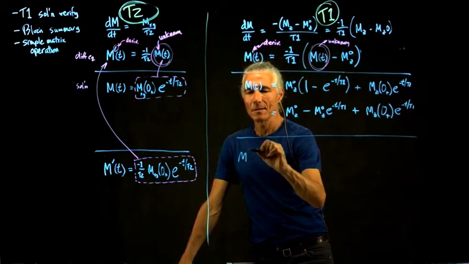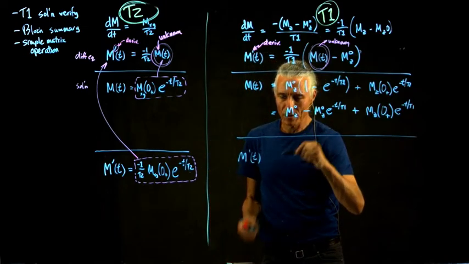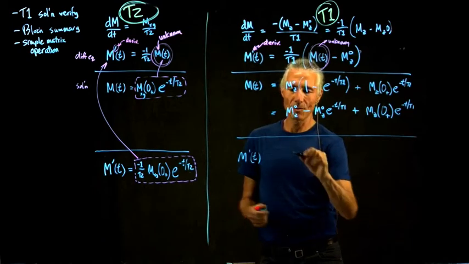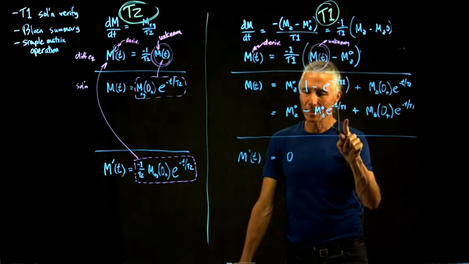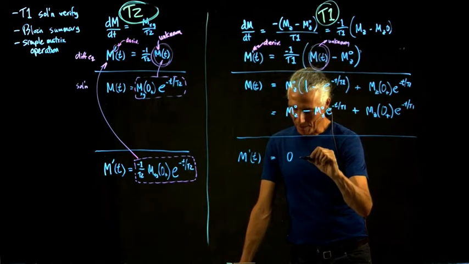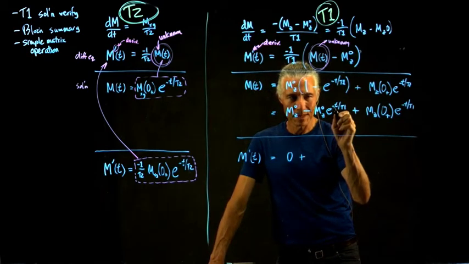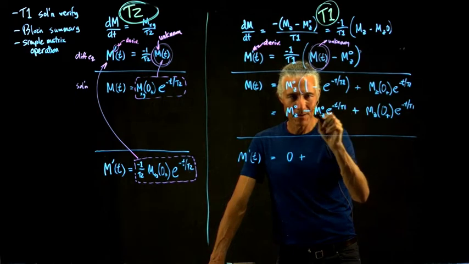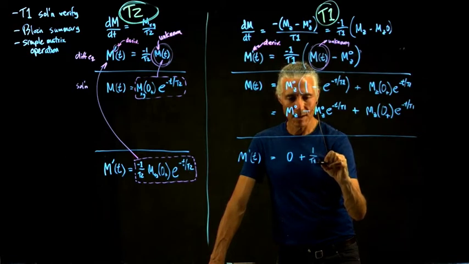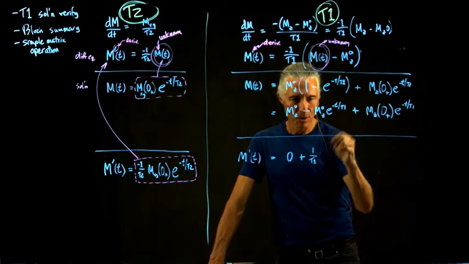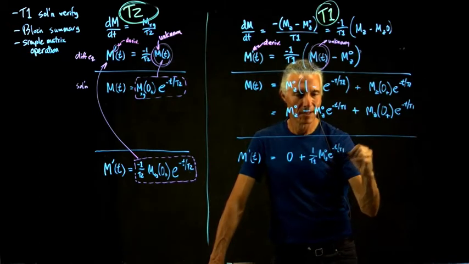So to take the derivative of that, first we take the derivative of each term. The derivative of a constant, this guy's a constant, is 0. And the derivative of this guy is going to be like we had before. It's going to be plus, because we're going to get a negative from taking that negative out there, and another negative. So plus 1 over t1 times the whole thing, mz0 e to the minus t over t1.